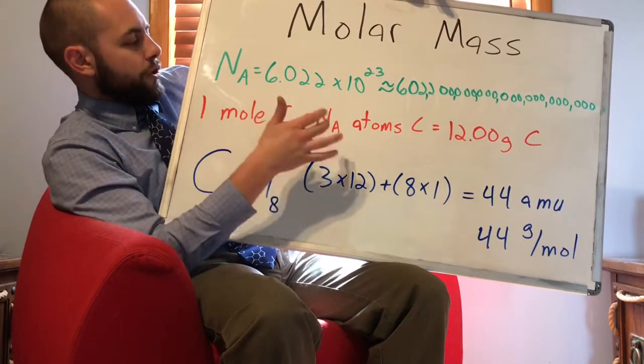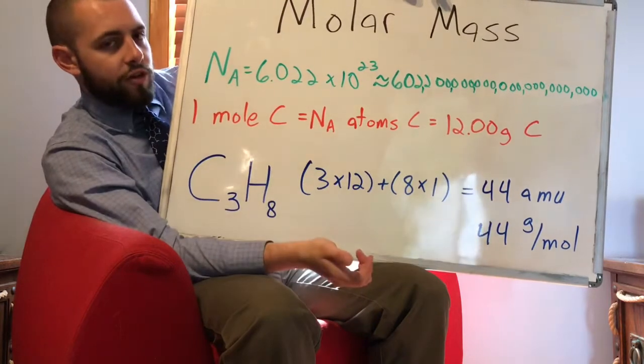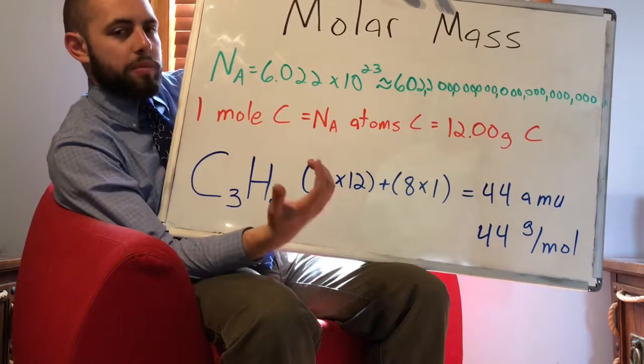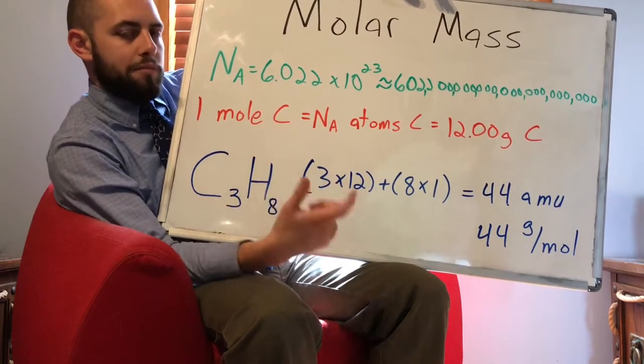So Avogadro's number, we can shorten it into scientific notation. We can shorten it even further into this abbreviation here. And remember, the way that we apply it is going back and forth between particles and moles.